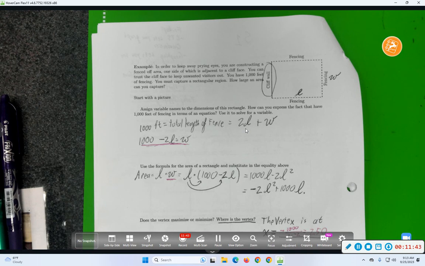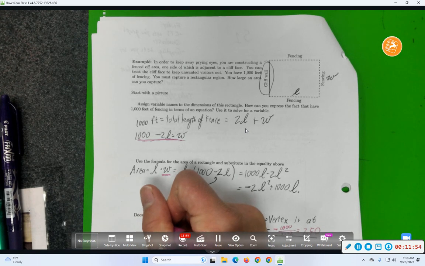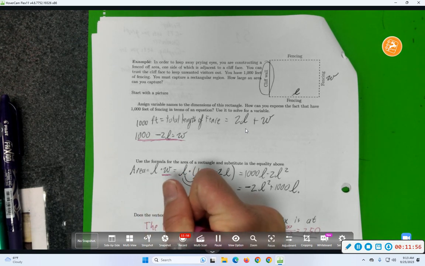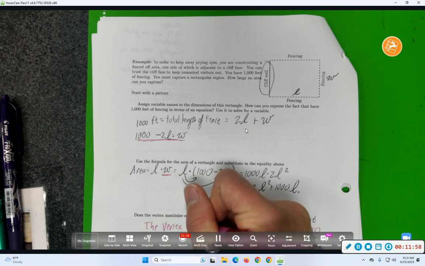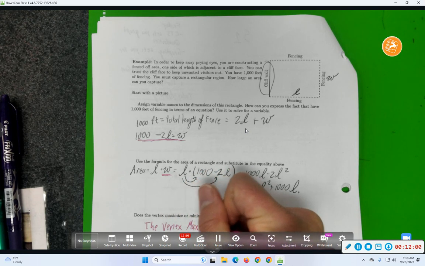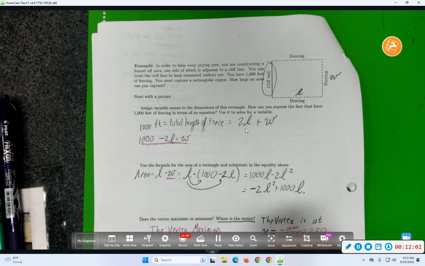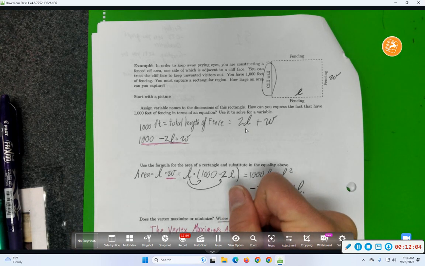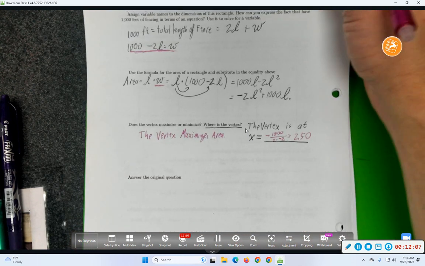Okay, so it's a downward opening parabola, so does the vertex maximize or minimize? Maximizes. The vertex maximizes. And since the y-coordinate is area, the vertex maximizes this parameter called area.